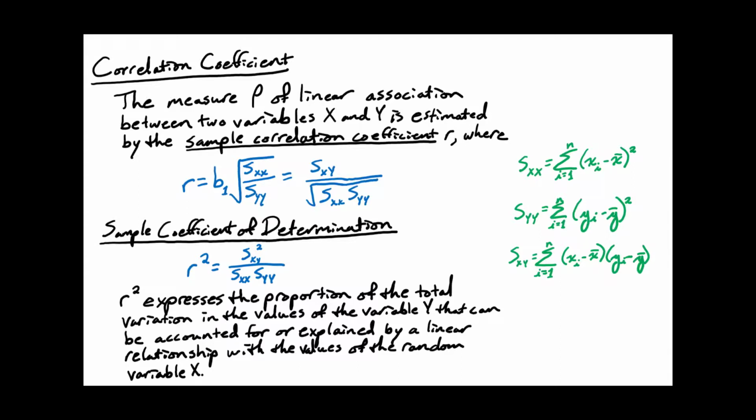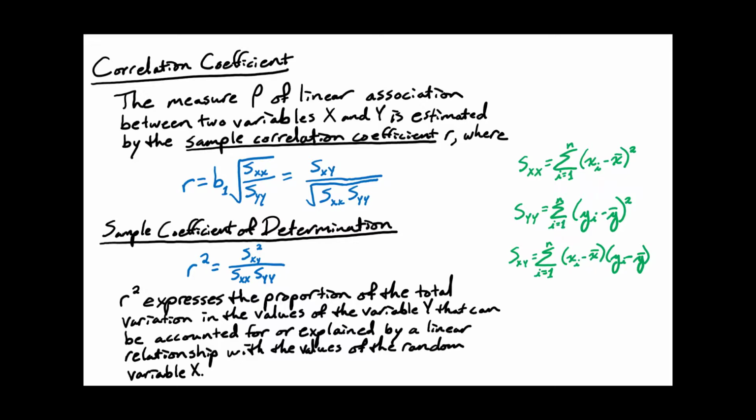The coefficient of determination squares that value, so it takes away the sign. So we don't know whether it's a positive or a negative relationship, but it tells us about the strength of the relationship. So the coefficient of determination, what it does is it expresses the proportion of the total variation in the values of the variable y that can be accounted for or explained by a linear relationship with the values of the random variable x.